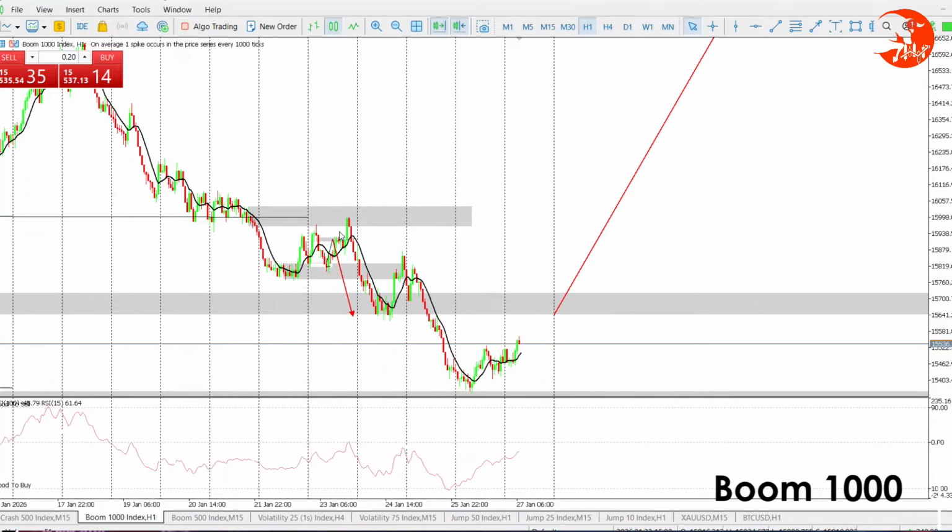The pullback happened, but then it continued and reacted to this other OB, just like we had also anticipated, because that was the breaker block. So it reacted there the second time to that breaker block, and then dropped to hit the target that we had anticipated on a Saturday. It reached that target on a Saturday, and then we tested a bit, then broke the support.